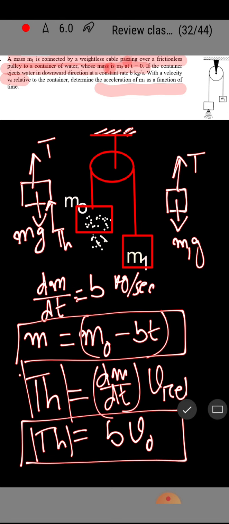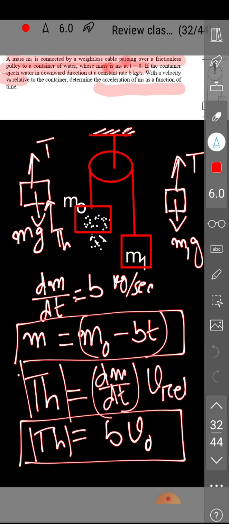These are the two quantities we know, and we'll proceed to write the equation of motion. For the right hand system, m1g minus T is equal to m1 into a.